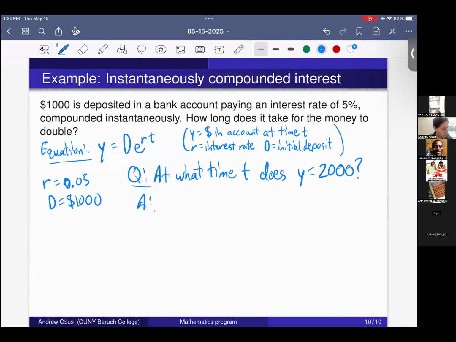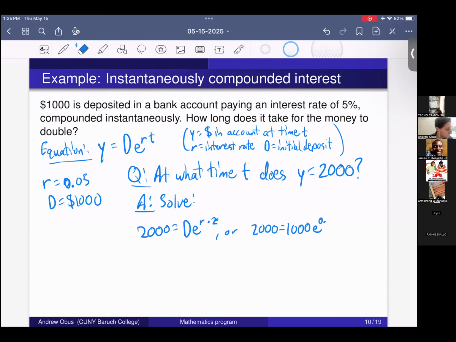And the answer is we just solve, same as any other exponential growth, right? So we just have to solve 2,000 equals d e to the r times t. Sorry, this is r times t, not 2. So 2,000 equals 1,000 e to the 0.05 t.